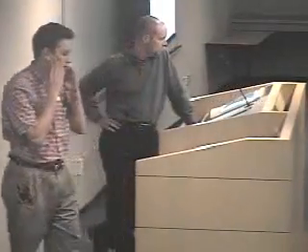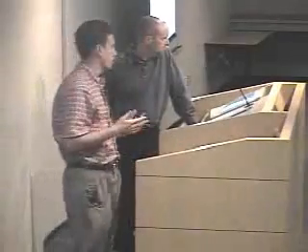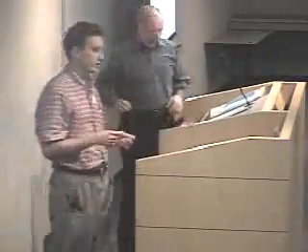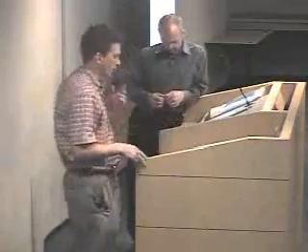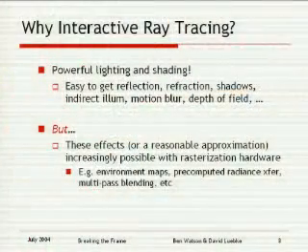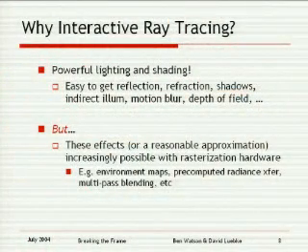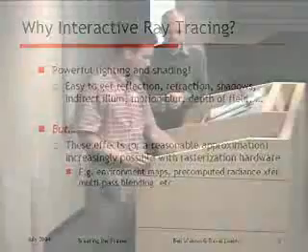Probably one of the best arguments is just that it's a much more natural framework for doing really powerful lighting and shading. There are all these sophisticated rendering techniques that you can do very easily in ray tracing. They just kind of fall out: reflection, refraction, shadows, indirect illumination. All these techniques fall out of ray-based rendering, and this is a valid reason that you would want to do this kind of rendering in an interactive setting.